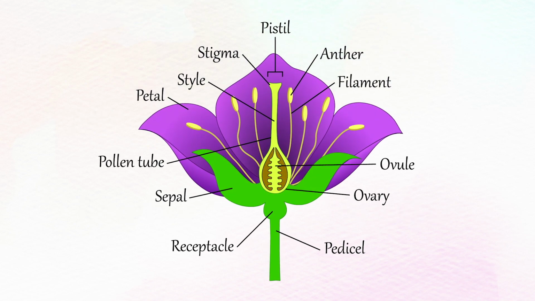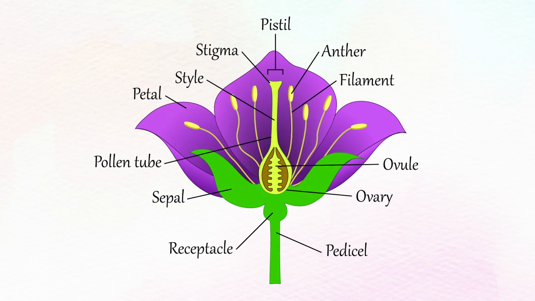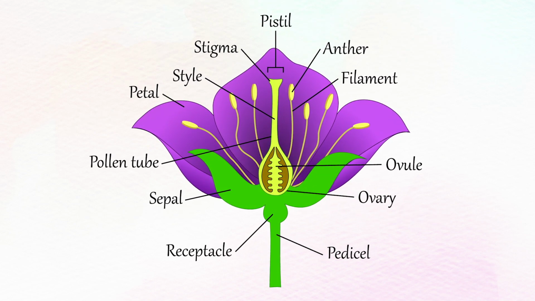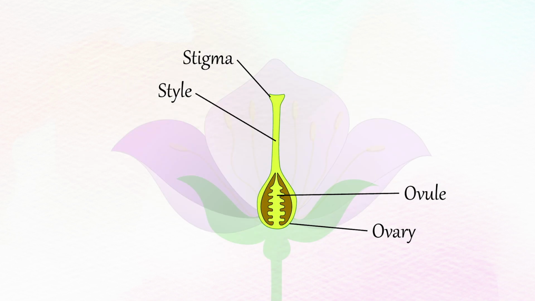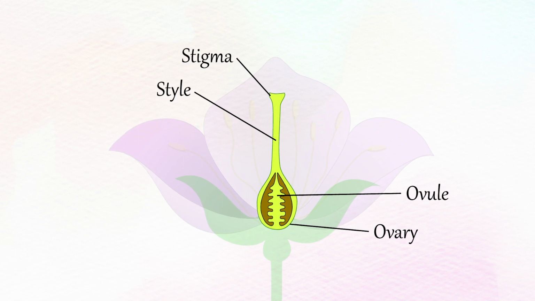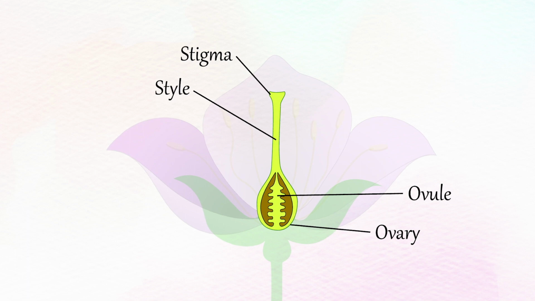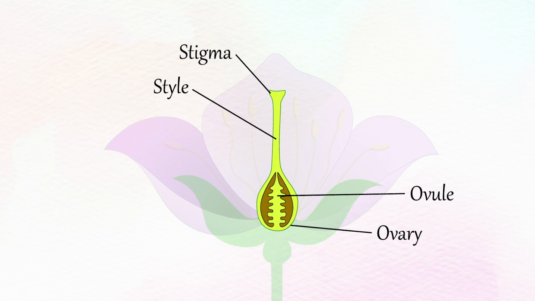Inside the corolla, or the petals of the flower, you have the male and female reproductive parts of the plant. The female reproductive organs consist of the stigma, the style, the ovary, and the ovules. The stigma, the outermost receptacle of the female reproductive parts, is where the pollen is received during pollination.